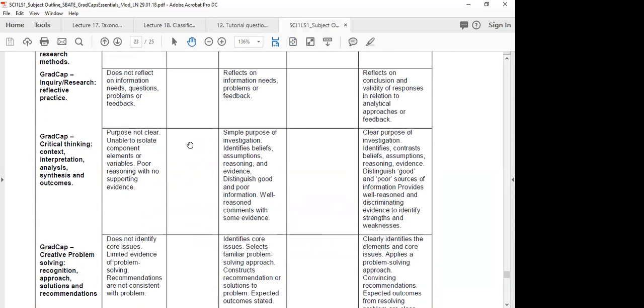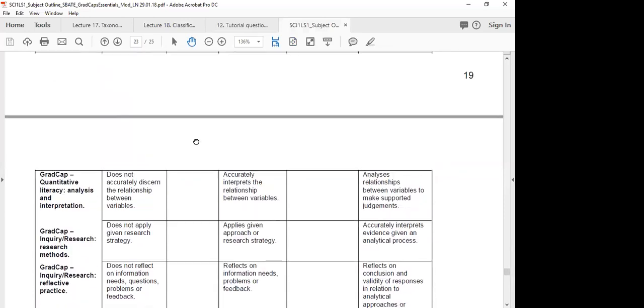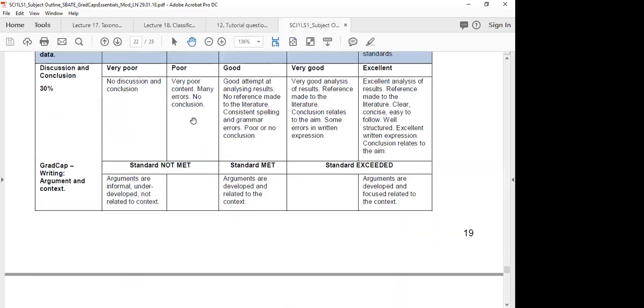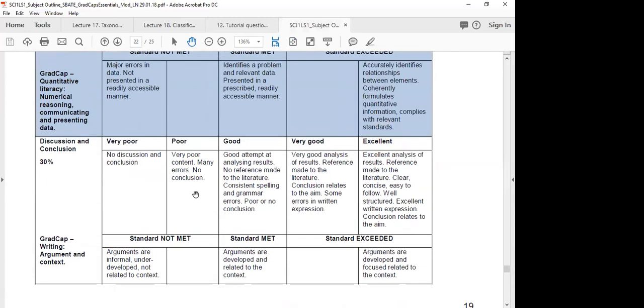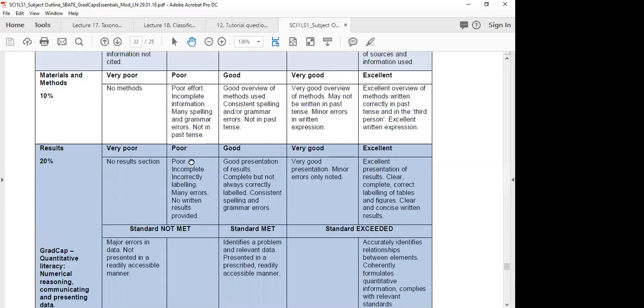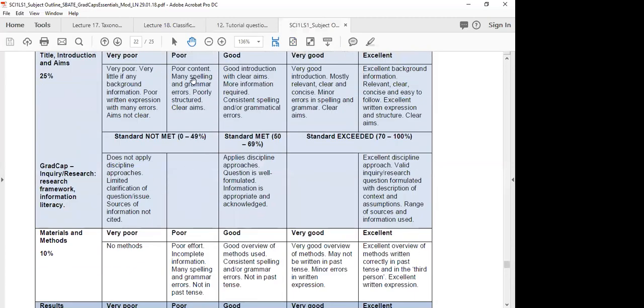Obviously the grad caps in third year are a lot more advanced than these ones in first year, but they're assessed in the same way. They're graduate capabilities, making our job a lot harder, I think. A lot more admin. Yes, more admin, absolutely.